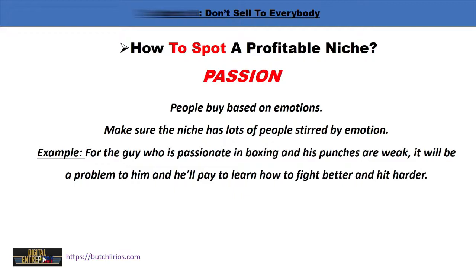And the last thing, passion. So people should be passionate about it. So an example is, if a person is interested or passionate in boxing and his punches are weak, it will be a problem for him. So he'll pay a coach or probably information to learn how to fight better and hit harder.